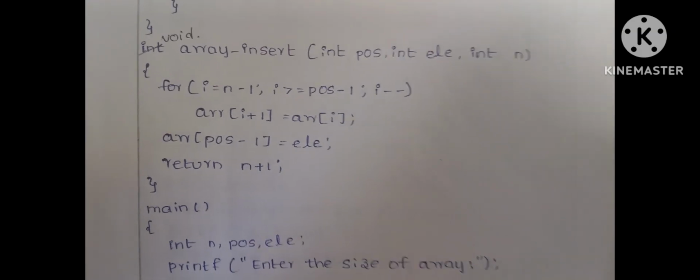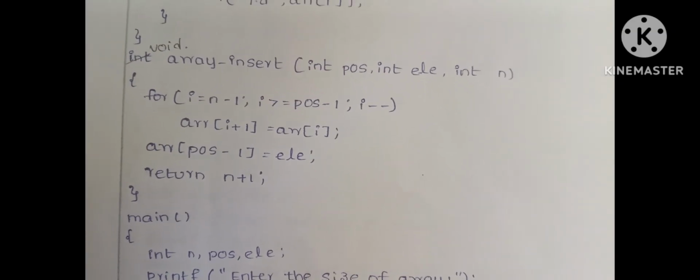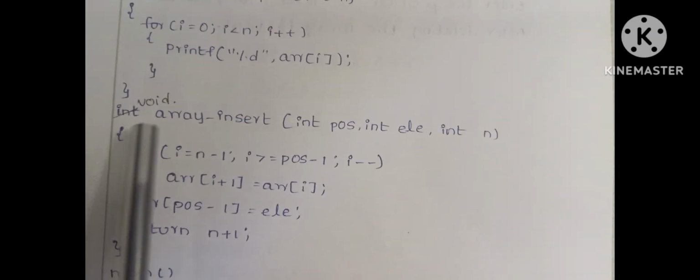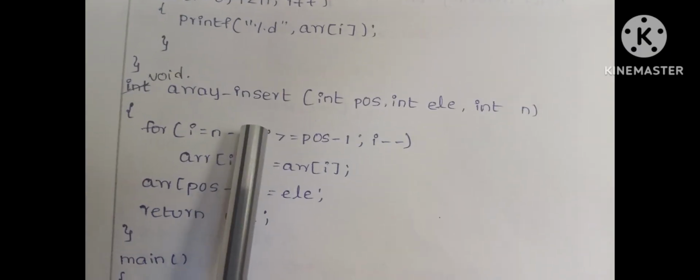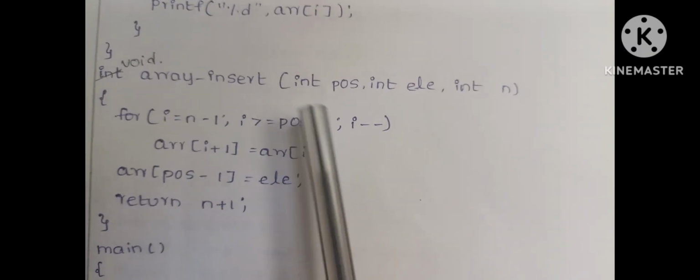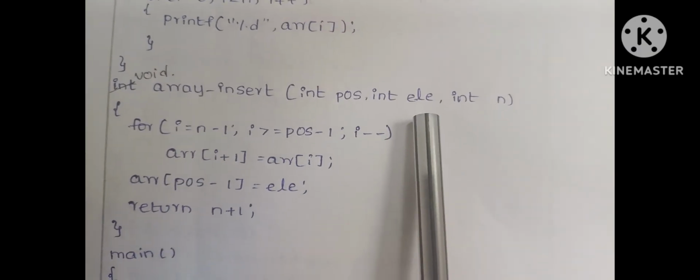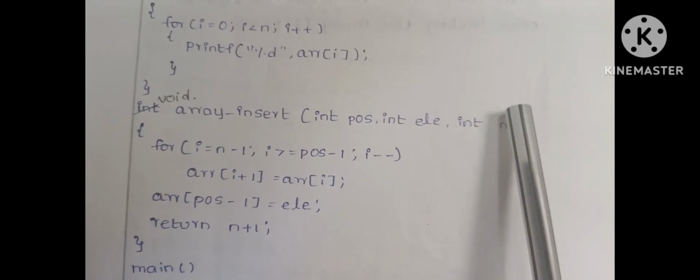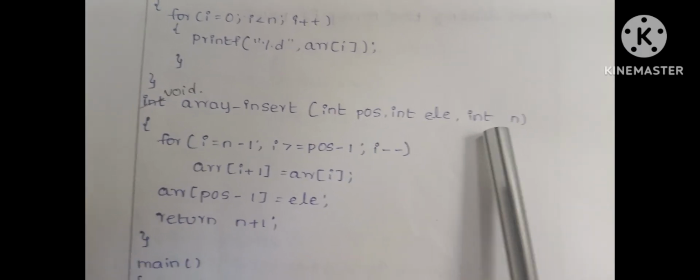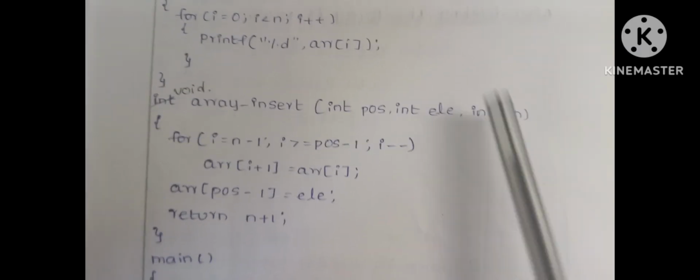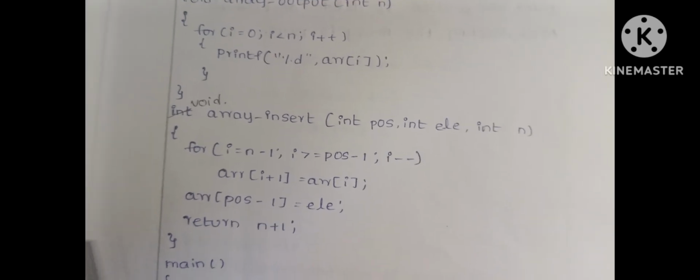Now let us go to the array insertion. So here void array insert, what we need: position, element, and we need the number of elements in the array. Okay, here n is the number of elements in the array. So let us see the for loop.